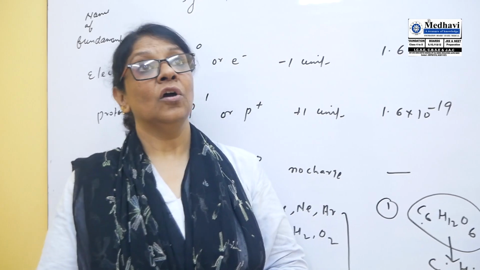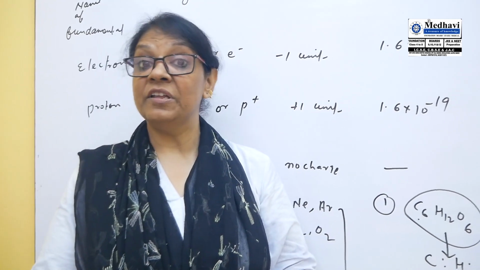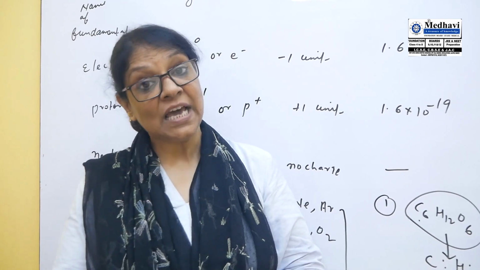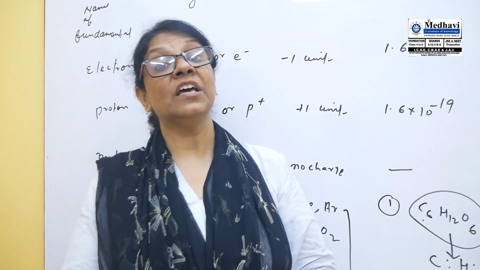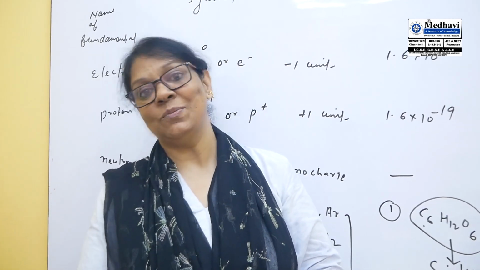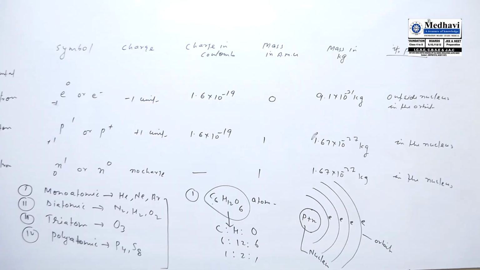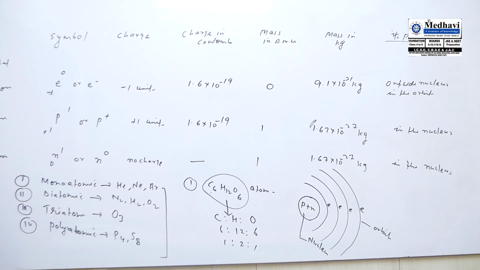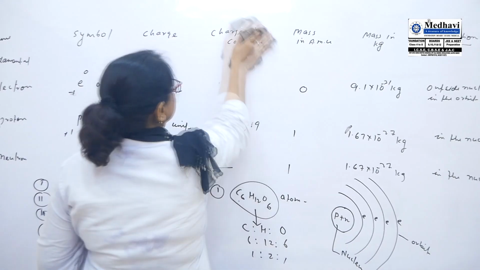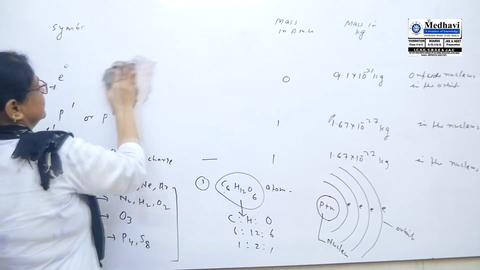Radicals are a group of different atoms which behave as a single unit with either positive or negative charge. Here I want to take one example. Now I will make the difference between radicals and ions. An ion is an atom having a positive or negative charge.